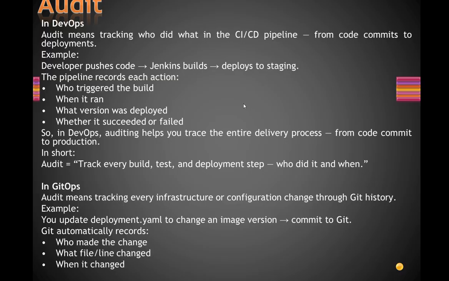In short, audit means tracking every build, test and deploy step, who did it and when. In GitOps, audit means tracking all infrastructure or configuration changes through the Git history. Example, you update deployment.yaml to change the image version and commit to Git. Git automatically records who made the changes, what file and line changed, and when it changed.